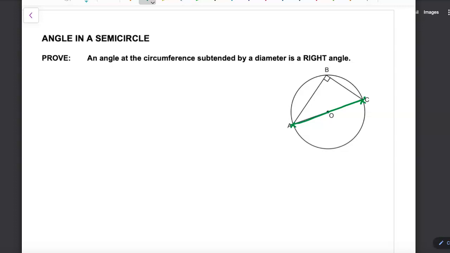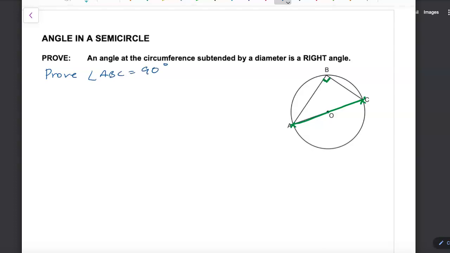And when I create what essentially looks like a triangle, I'm going to have 90 degrees at point B. So we want to prove this. We want to prove that angle ABC is actually 90 degrees.